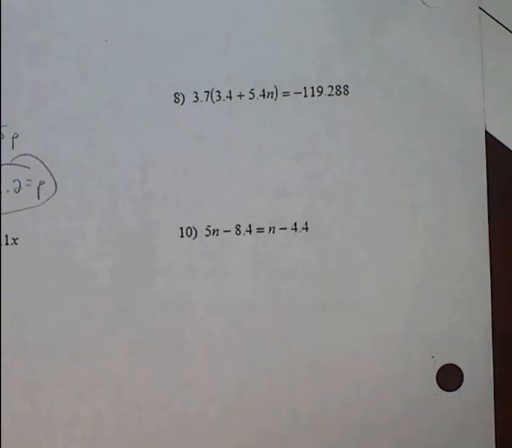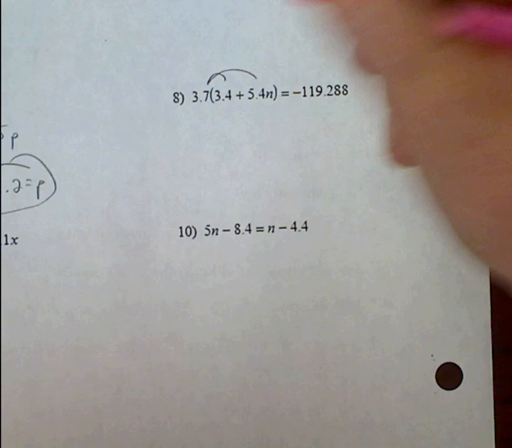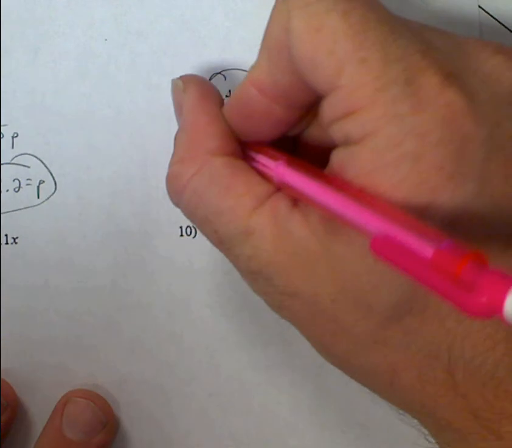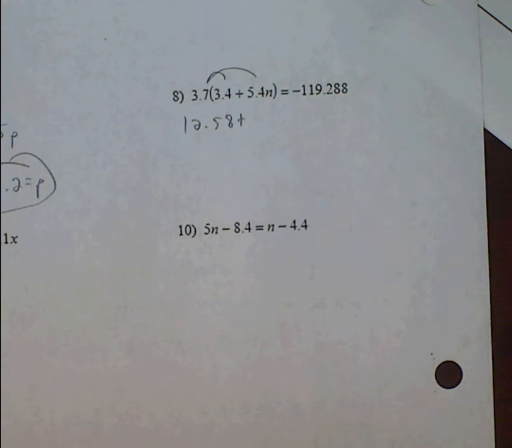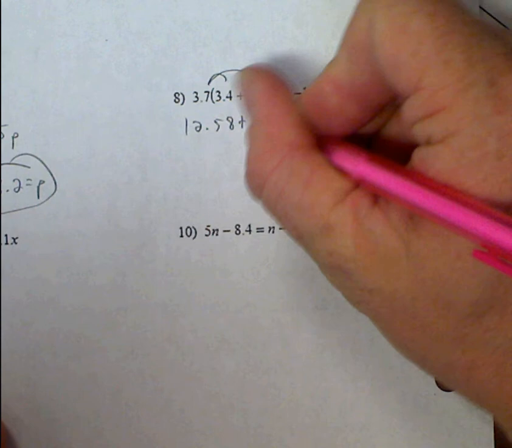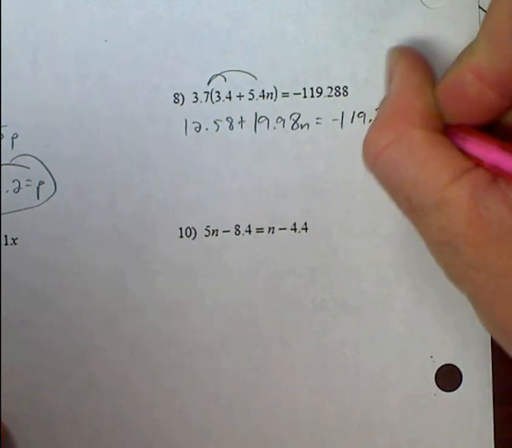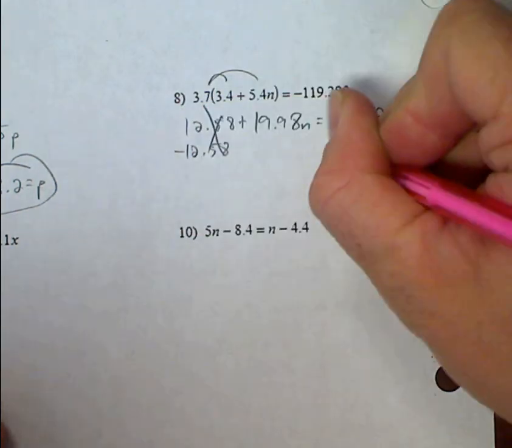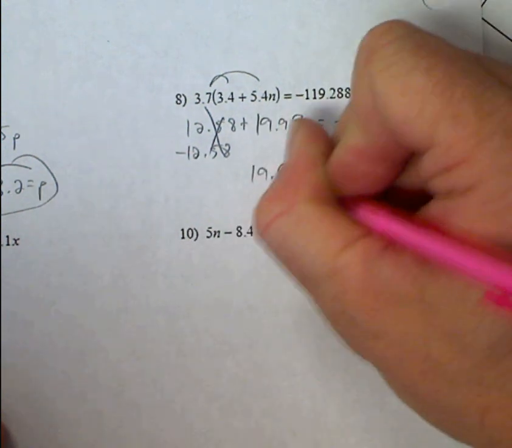Pause the video and try. On number 8, 3.7 times 3.4, 12.58. 3.7 times 5.4, 19.98n equals negative 119.288. Get rid of the 12.58, minus 12.58.